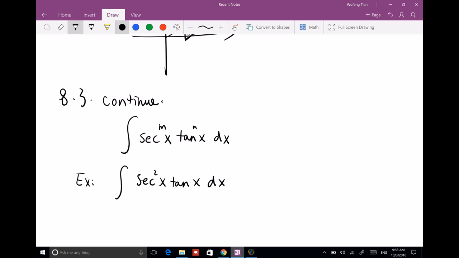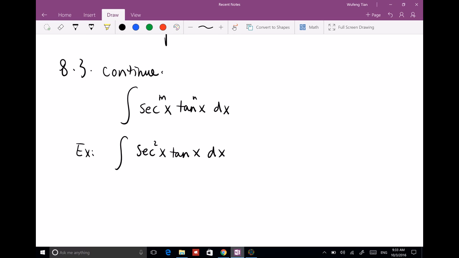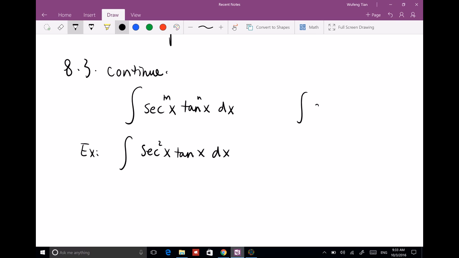If I have a function like this, previously, if you have sine x squared times cosine x dx, what do you do? You change cosine x dx as d of sine x, because the derivative of sine x is cosine x.